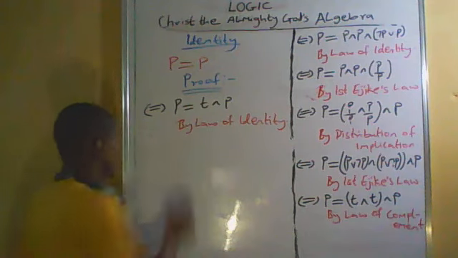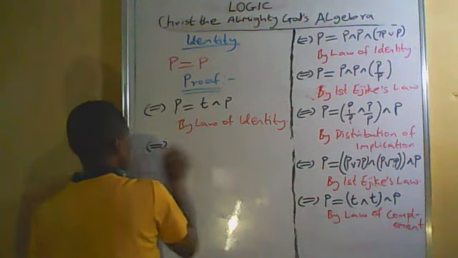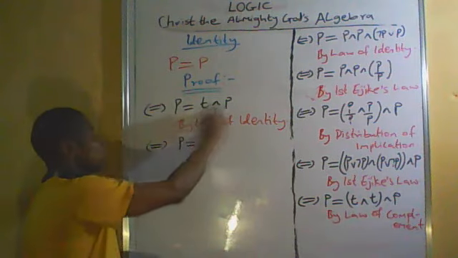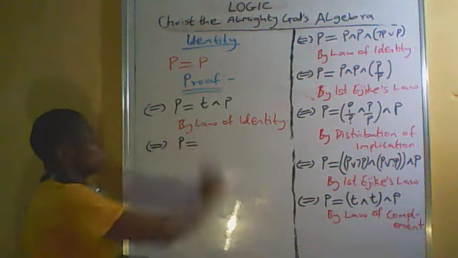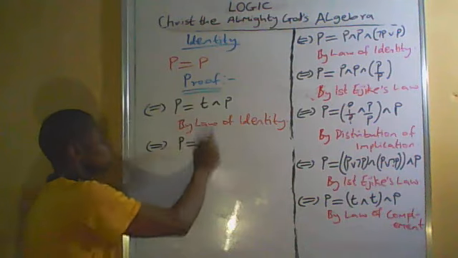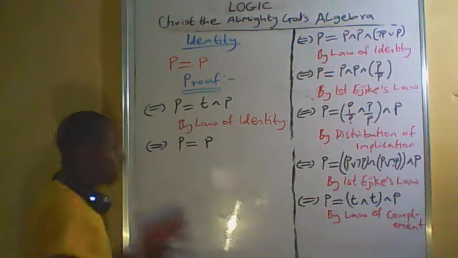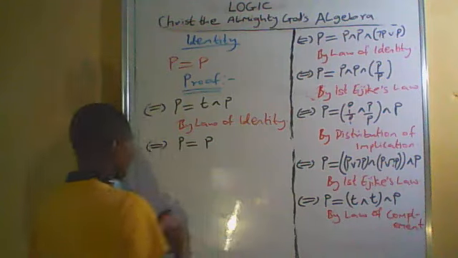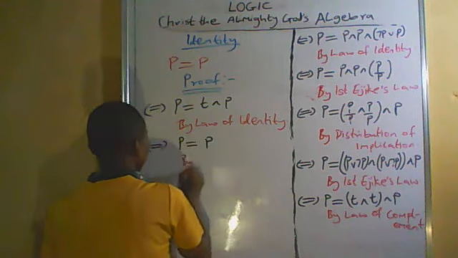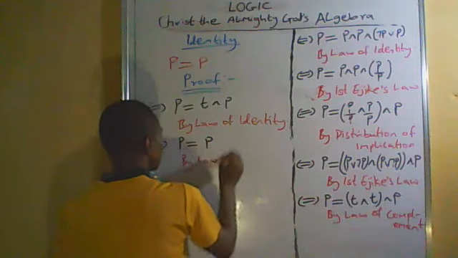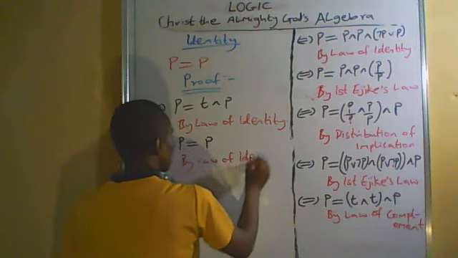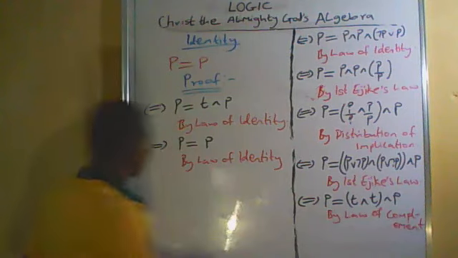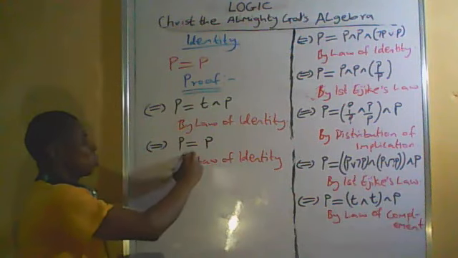If and only if P is equal to whatever tautology is interpreted at that time. So T and P is equal to P, being justified by the law of identity. We have now proved that P is equal to P.